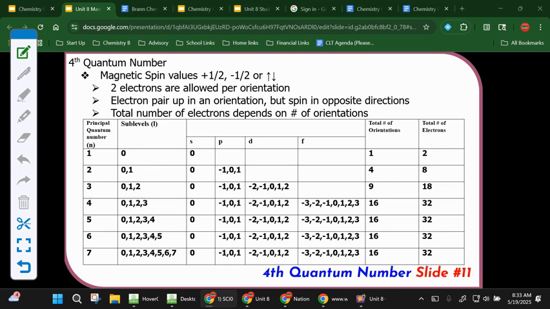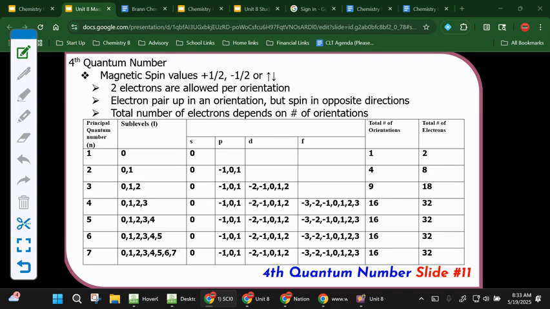Now, in the 2nd period, you have an S and 3 P sublevels, correct? How many total orientations? 4. How many total electrons in those 4 orientations? 8. Look at the 2nd period of your periodic table and tell me what you notice.